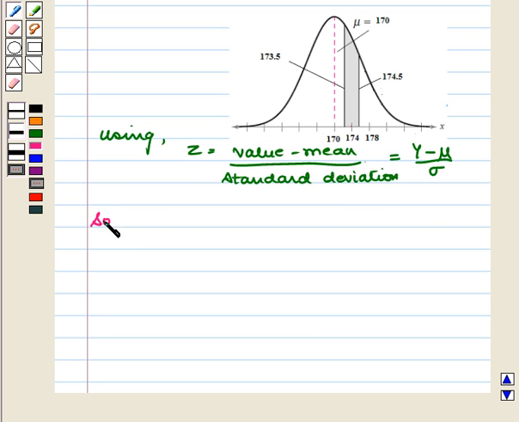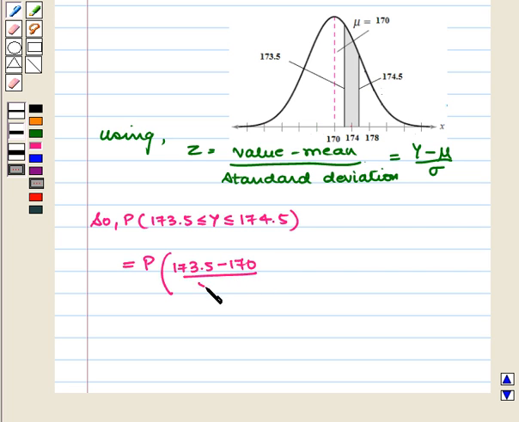So, probability of 173.5 less than equal to y less than equal to 174.5 is equal to probability of 173.5 minus 170 upon 5.05 less than equal to y minus mu by sigma less than equal to 174.5 minus 170 upon 5.05.